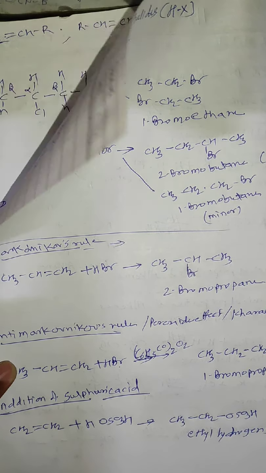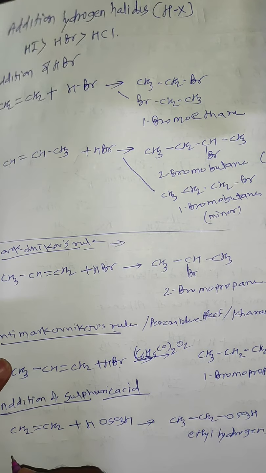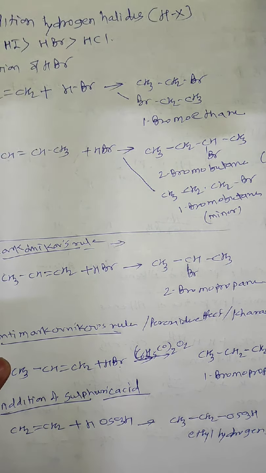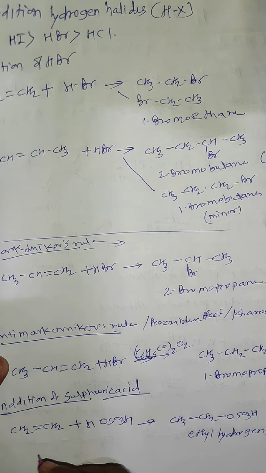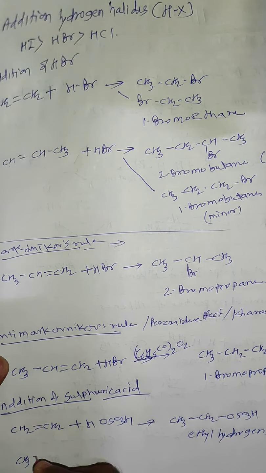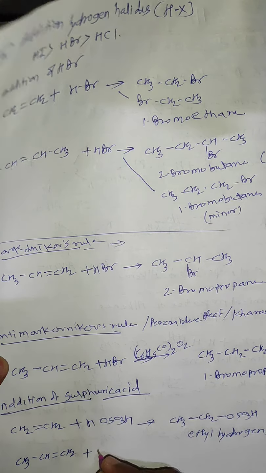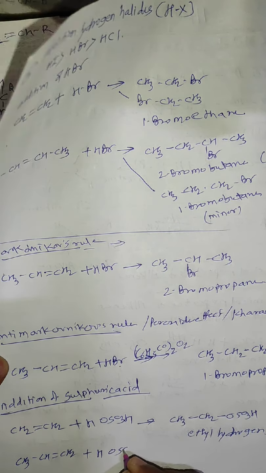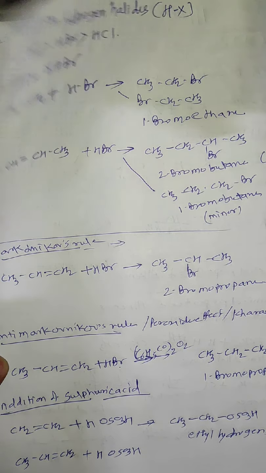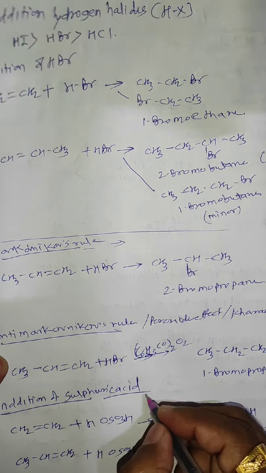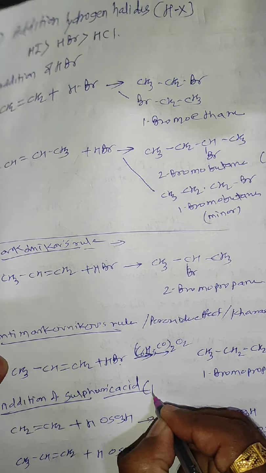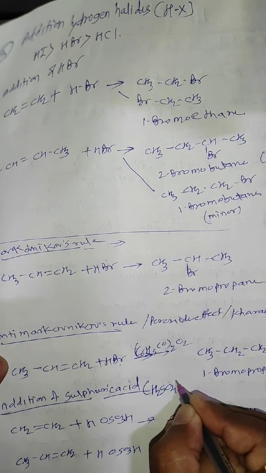sulfate. Similarly, another example like propene. Propene, CH3 CH double bond CH2. These are treated with HOSO3H, the sulfuric acid. We will write here in bracket H2SO4.